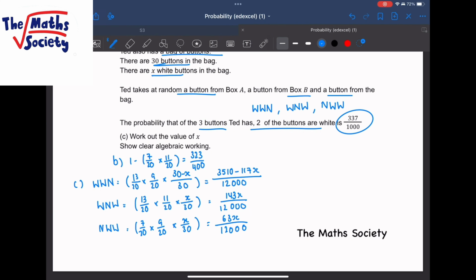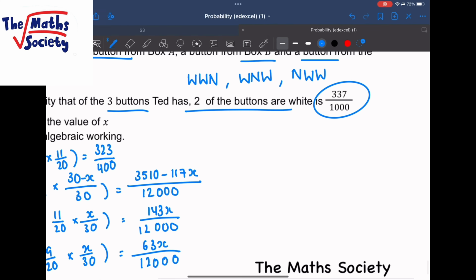And then we will have 89x plus 3510 when you add them all together, equals 337 by 1000. So that would be equal to 89,000x plus 3,510,000 equals 4,044,000.